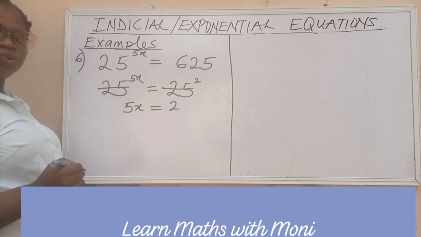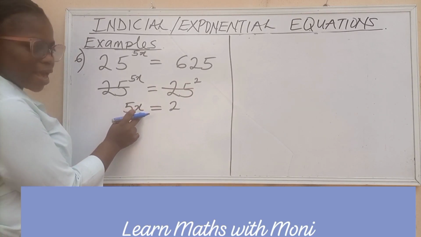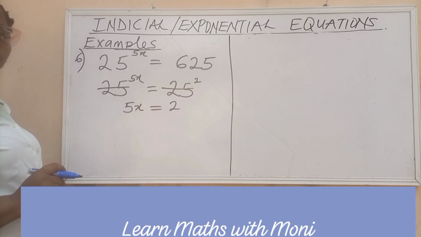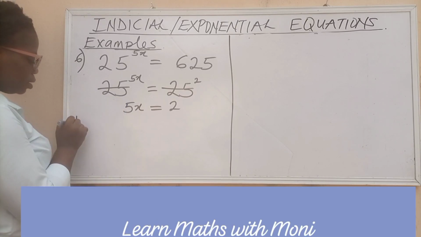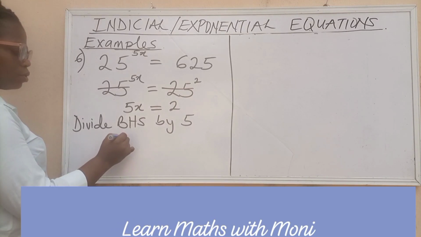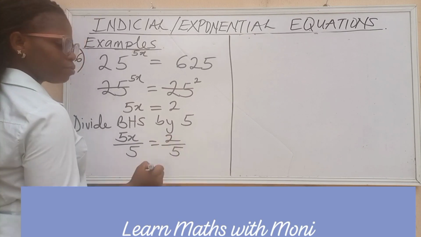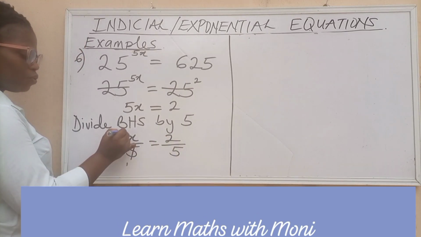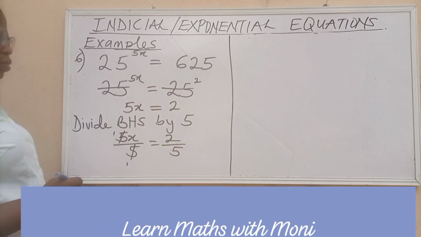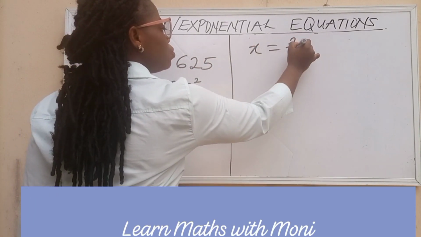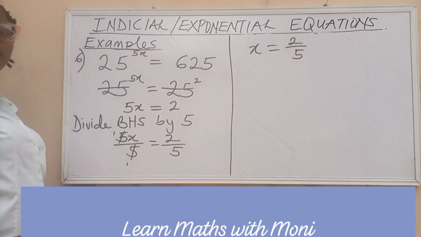To get our x, we divide both sides by the coefficient of x, which is 5. So we have x divided by 5 equals to 2 divided by 5. 5 divides 5 once, so that x is equal to 2 over 5. The x that is sought after is 2 over 5.